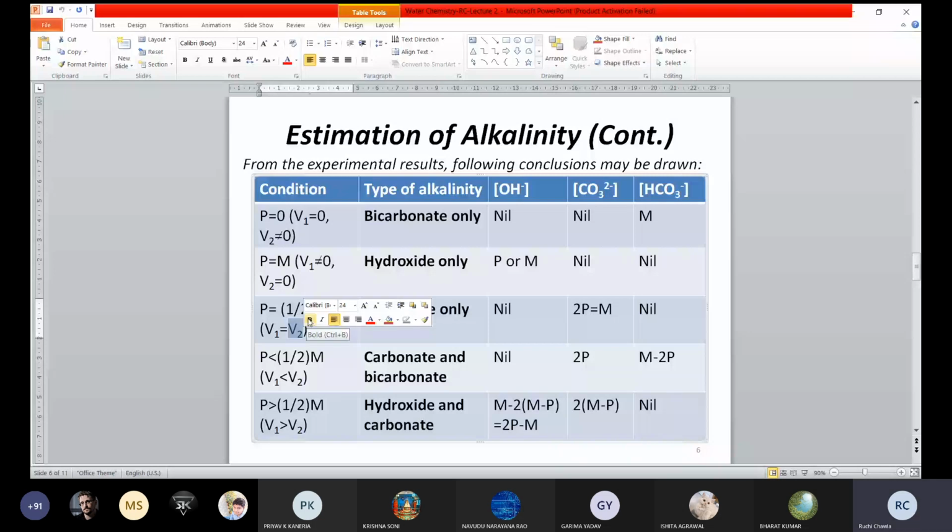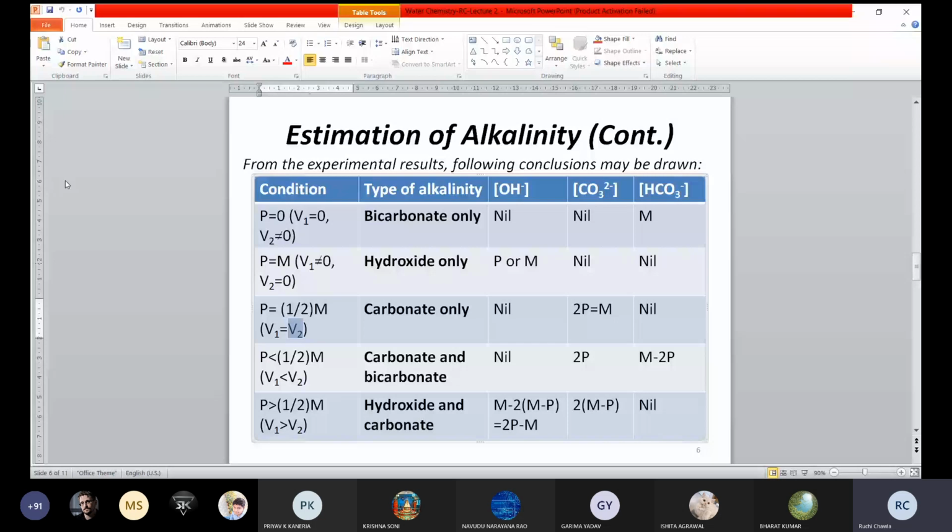If the same volume of acid is consumed up to phenolphthalein endpoint and after it, this is going to be the case of which ion? Which ion is neutralized in 2 steps, consuming the same amount of acid? Carbonate. Yes, I have told you this many times now. So this is going to be the case of carbonate only.